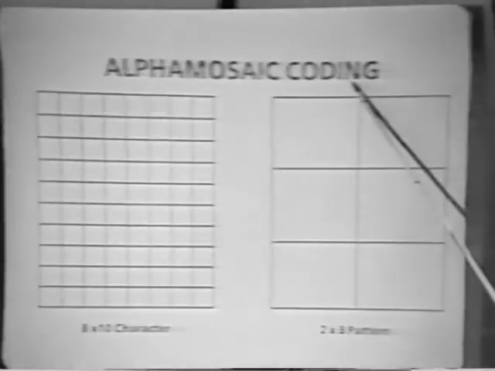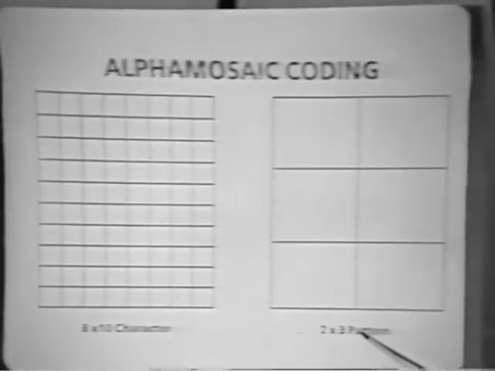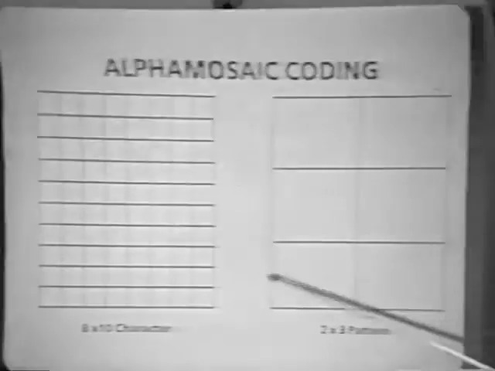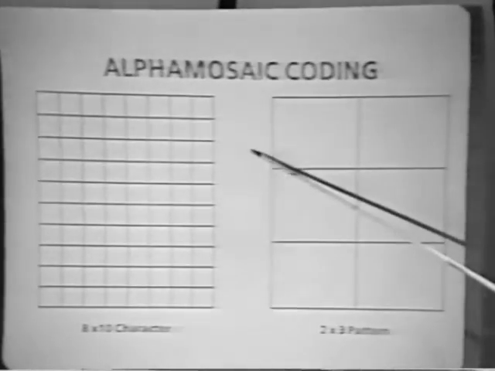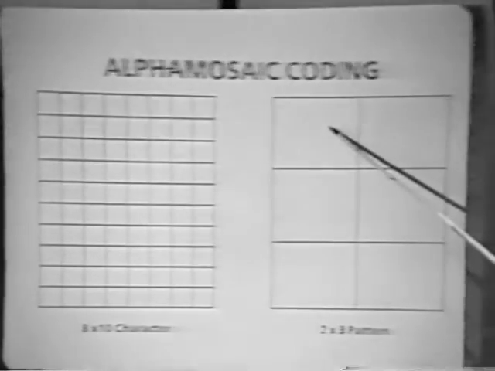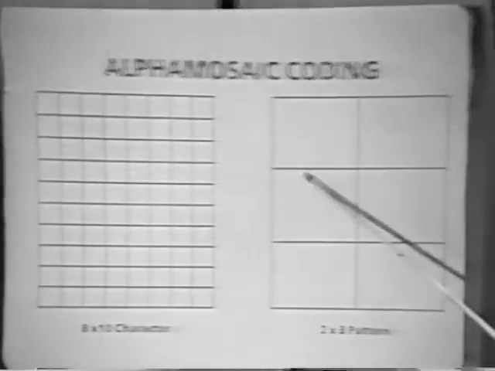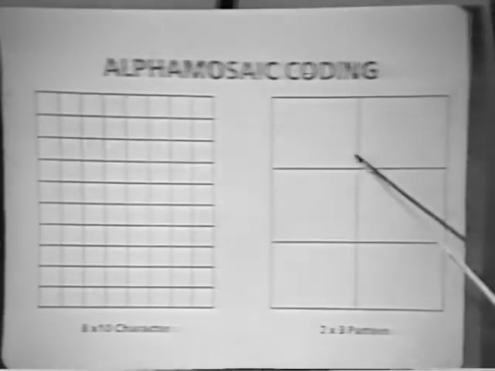The standard called Alpha Mosaic not only has this, but also has what's known as a 2x3 grid, and each of these occupies the same space as the 8x10 character. So in effect, you've taken these grid patterns and you're blocking them up into larger patterns. And each of these larger areas can either be black or white. So now what you're getting are rather large, crude visual patterns.